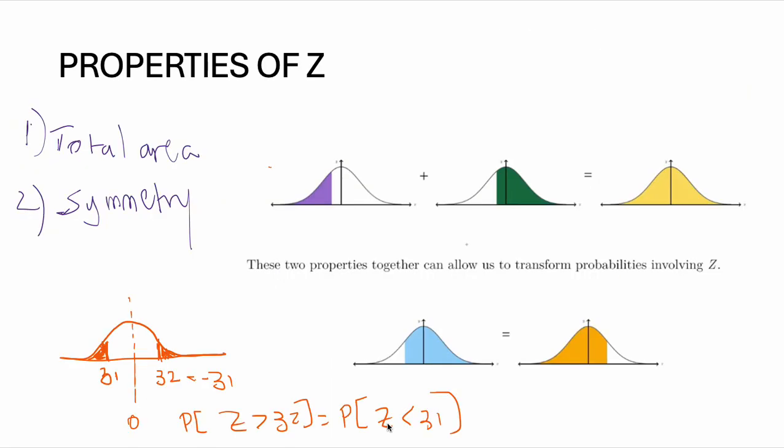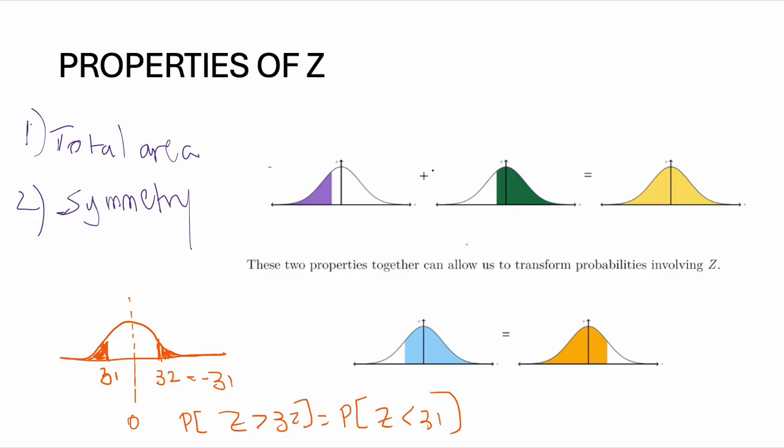Now, to tweak a little bit more of the table, there are two important properties of the z variable, or the standard normal. The first of all is that the total area under the curve should be equal to 1, right?